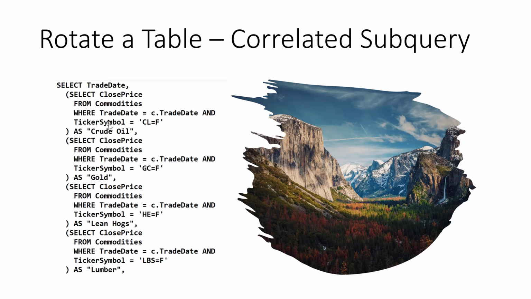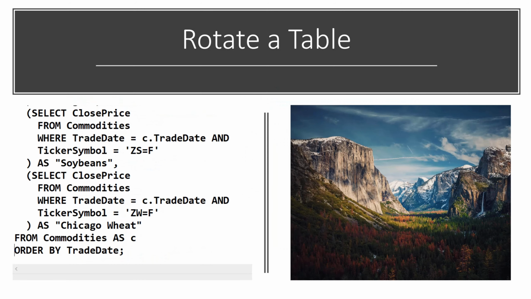I repeat this subquery for every commodity. The end of the query looks like this. We have the last subquery for Chicago wheat. Then I say from commodities as C, and then I order by the trade date.